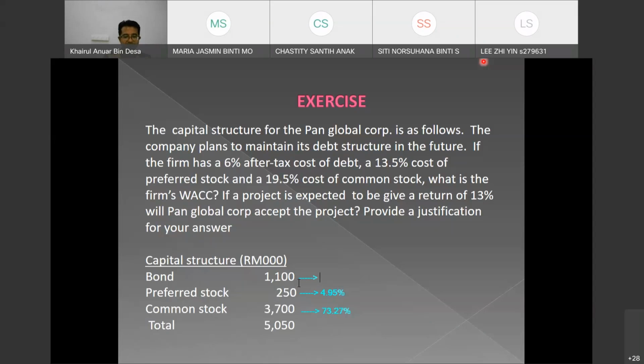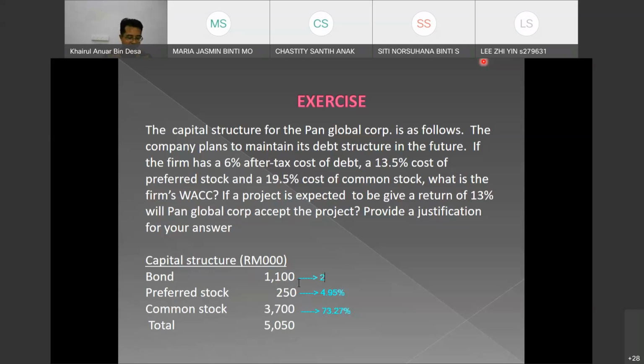Saya ambil yang 1100 tu, bagikan dengan 5050, lepas tu kali dengan 100 untuk dapat percentage. Okay, sekali lagi, Maria, terangkan macam mana kita dapat percentage tersebut.